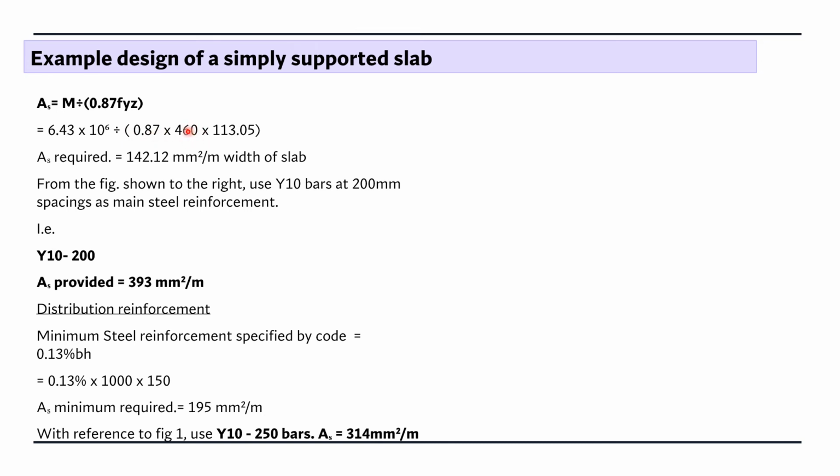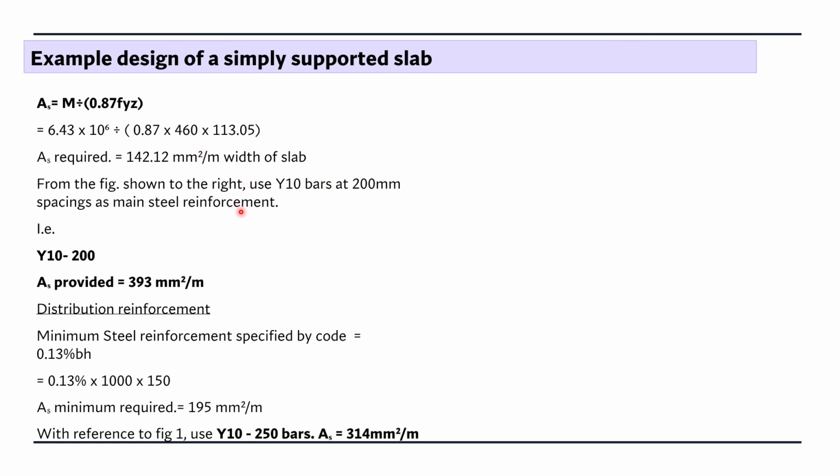We know our fy to be 460 Newton per millimeter square. That's the high yield steel, and then our z, which we have calculated. So As required, putting those values into these formulas, we get 142.12 millimeters squared per meter width of the slab.